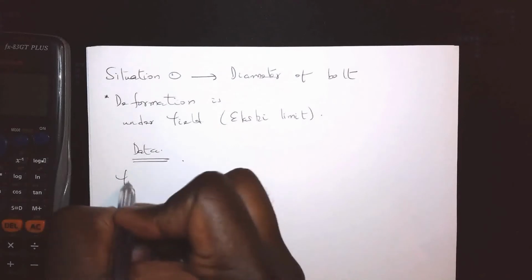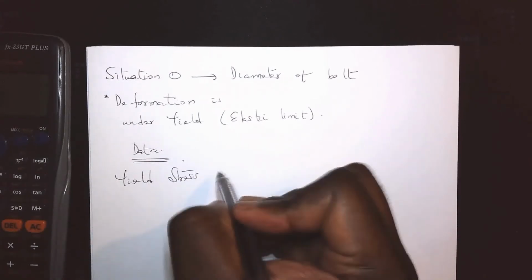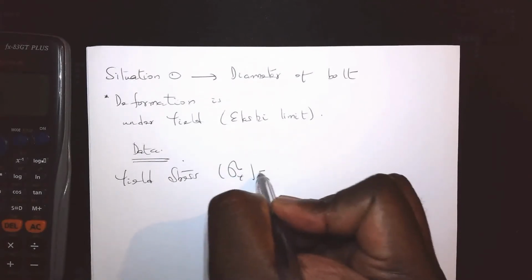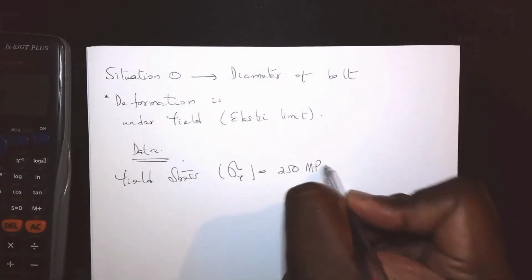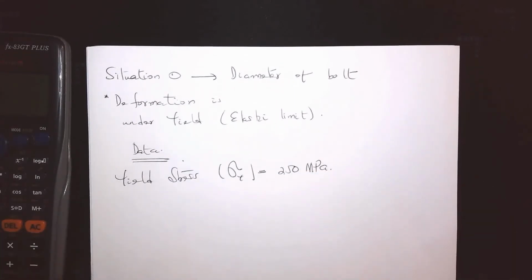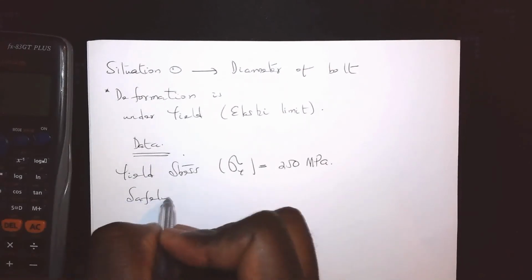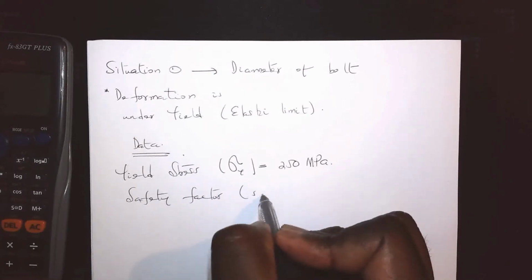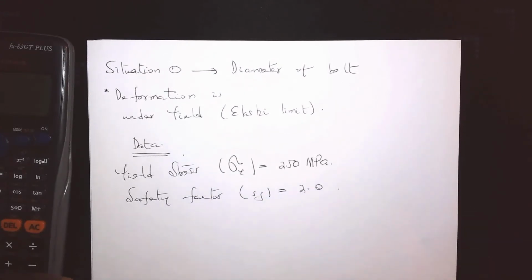The yield stress, sigma y, has been given at 250 MPa. And we've also been given the safety factor, or the factor of safety, however you want to call it, S subscript F, given at 2.0.